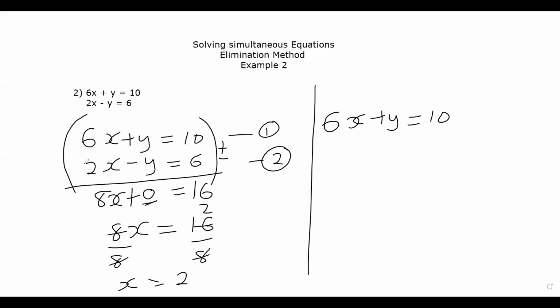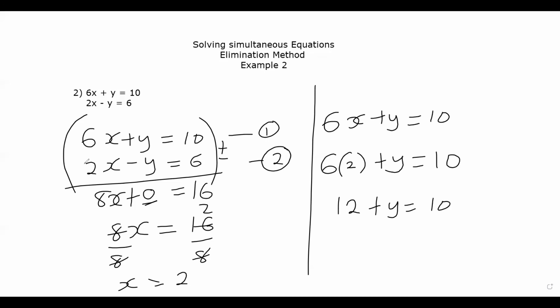I know x is 2, so I'll put 2 where there is x. I put the 2 into the bracket, meaning I'll multiply 2 times 6. This gives me 6 times 2 is 12, plus y equals 10.